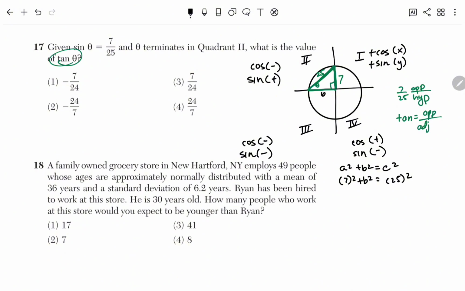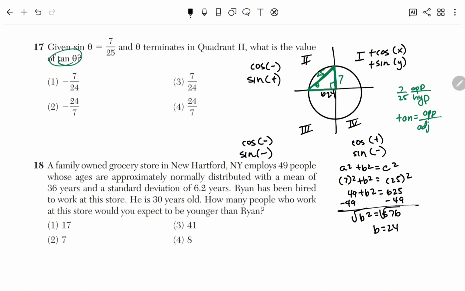So we're going to have 49 plus b squared equals 625. Subtract the 49 on both sides. We get b squared equals 576. Square root on both sides, b equals 24. So it's a 7, 24, 25 right triangle.